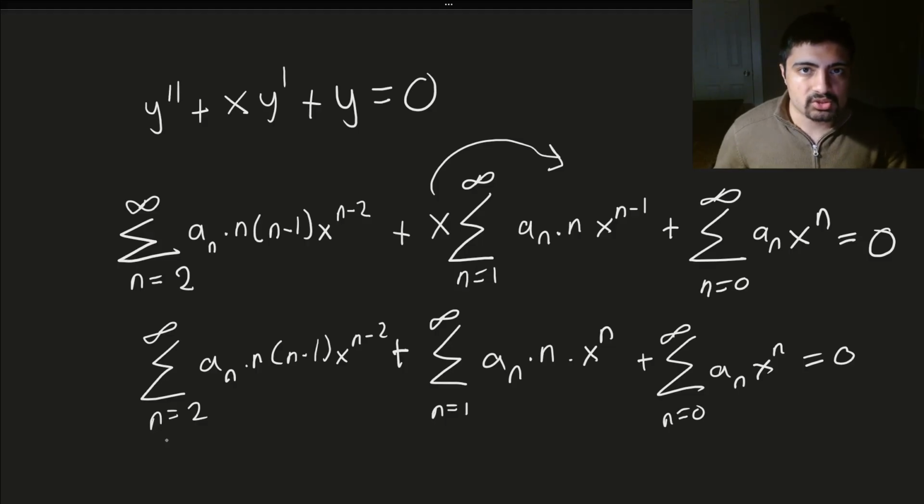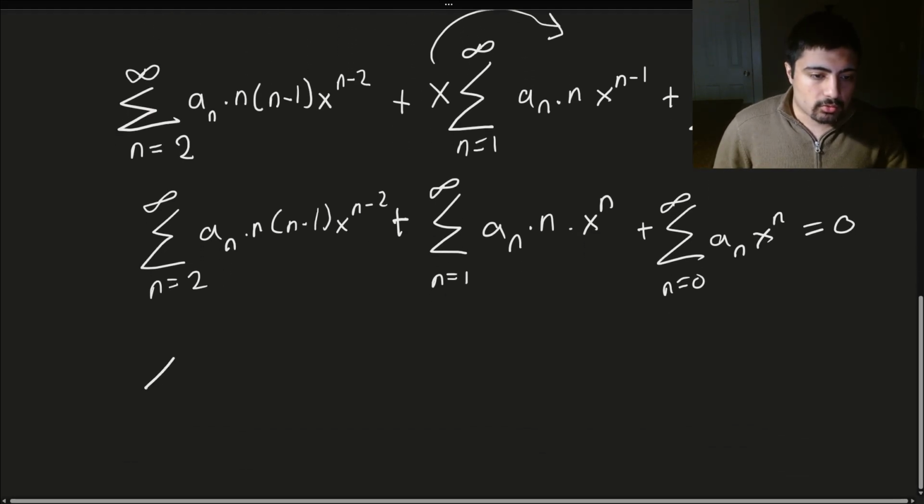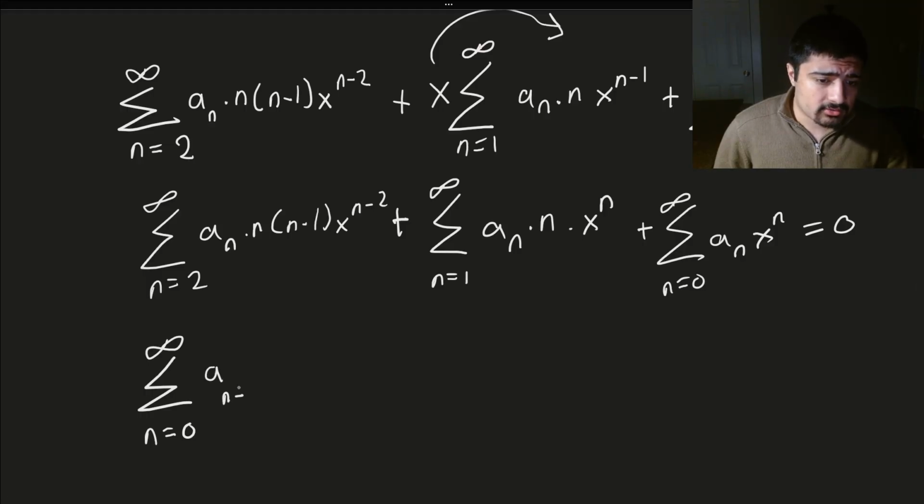So we substitute n plus 2 to make sure that we get x to the n power. So we're going to say n equals 0 to infinity, and since I'm subtracting 2 from the index, I have to add 2: a sub n plus 2 times n plus 2 times n plus 1 x to the n.